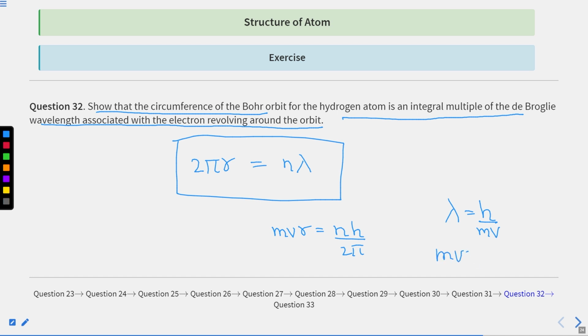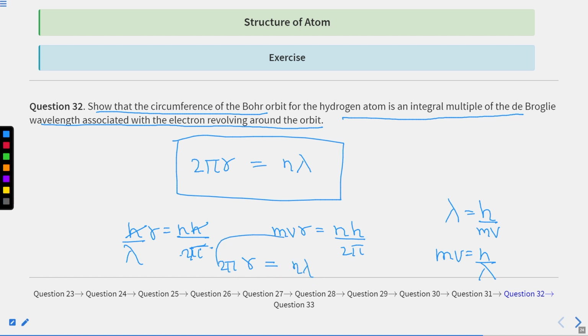That would give us mv is equal to h by lambda. So h by lambda into r is equal to nh by 2 pi. This h and this h will cancel out and we will get 2 pi r and n lambda.